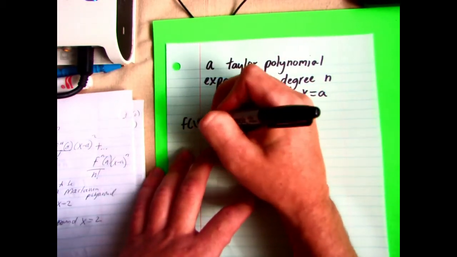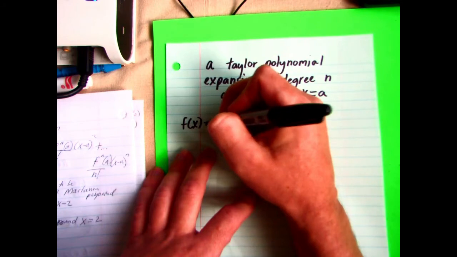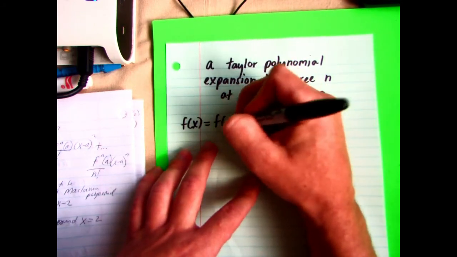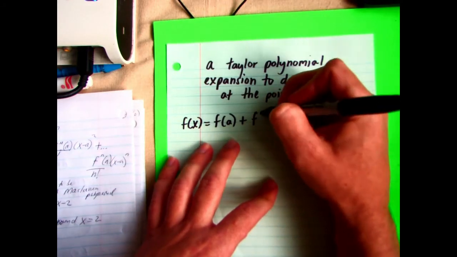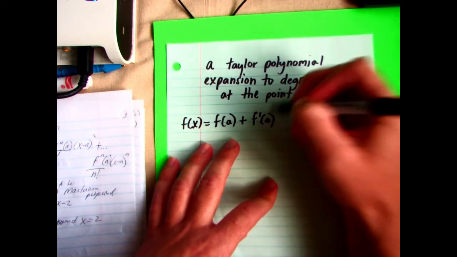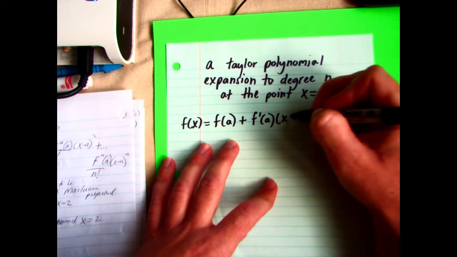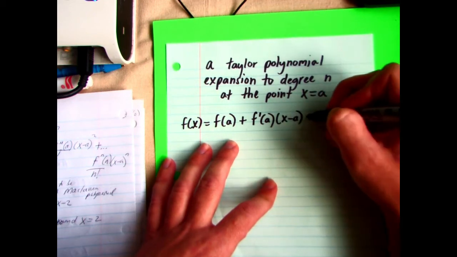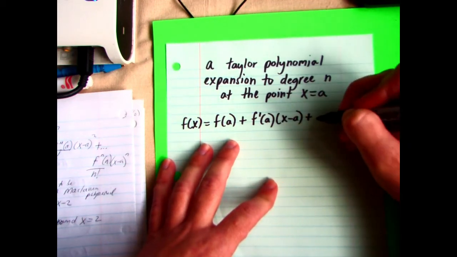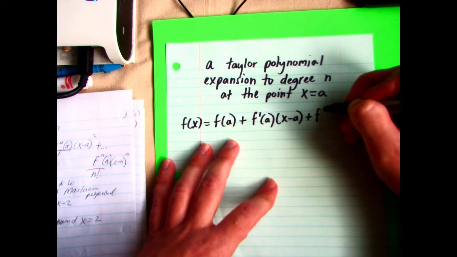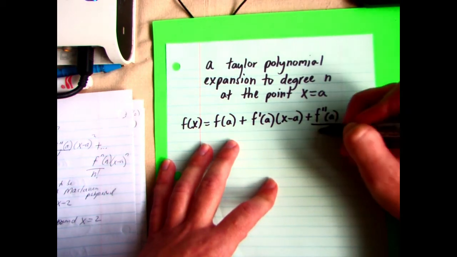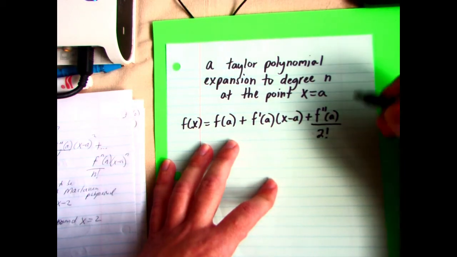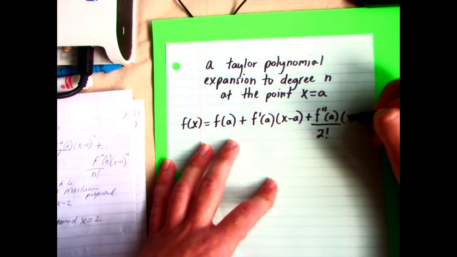So there is a formula for these Taylor polynomial expansions, and I'm going to give it to you here. The Taylor polynomial expansion to degree n, centered around the point x equals a, is going to look like this. For now, just write it in your notes. We'll get some practice using it, and when you do, it'll make a little more sense.